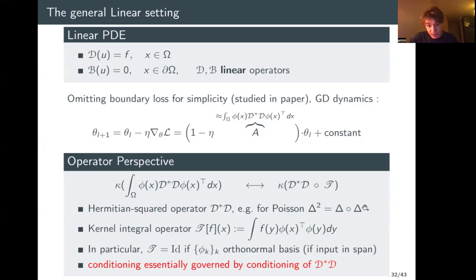And so from here, what we can see is that this conditioning mostly depends on our architecture, our ansatz that we've given. And this part here is mostly the PDE dependent. In this context, conditioning is essentially governed by the conditioning of this Hermitian squared operator D star D.